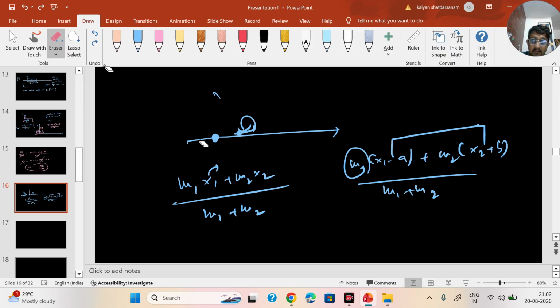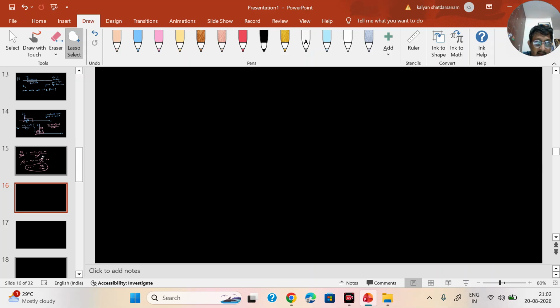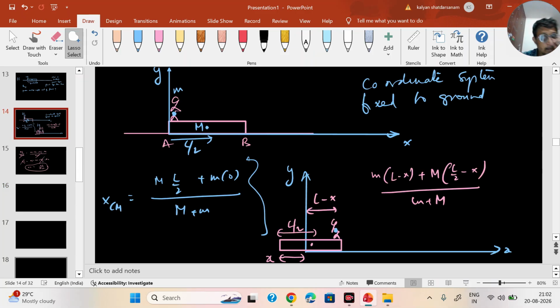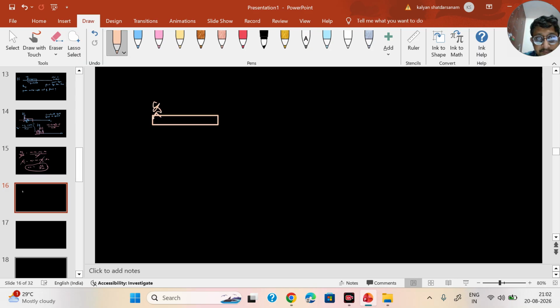So let me do it with that method and tell you how to get the answer. This is a much faster method. Let me delete this. You see here, suppose when the person moved to the right, the person was originally like this. When the person moved to the right by L, the plank moved to the left by x.